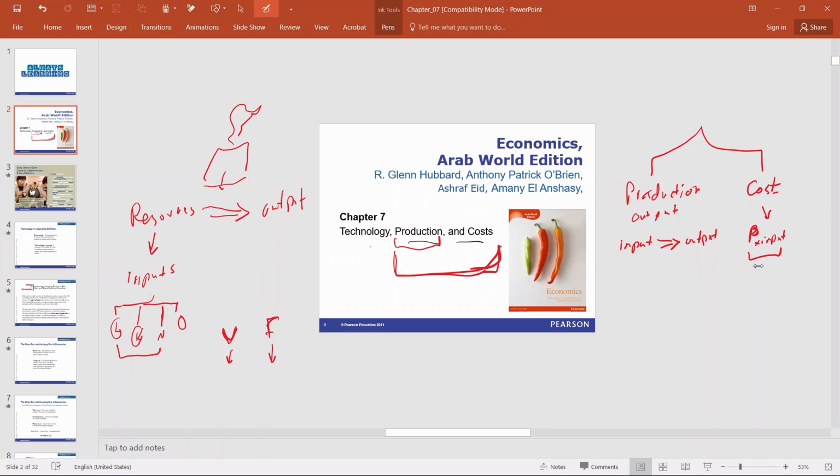So if output is X, and you multiply P, which is the price, by input, this gives you the cost of X. But before we talk about the production side and the cost side, we will go through some elementary notions or concepts which will come in the coming slides.